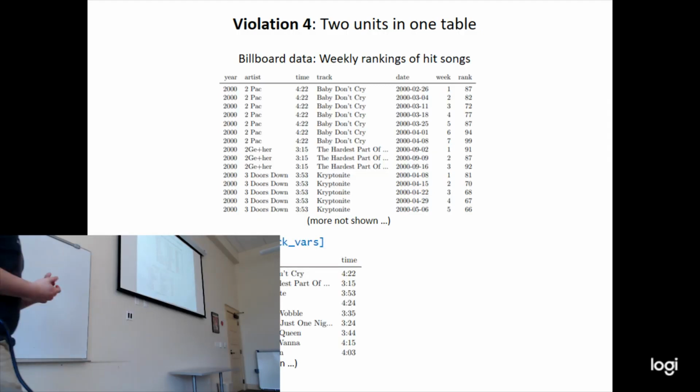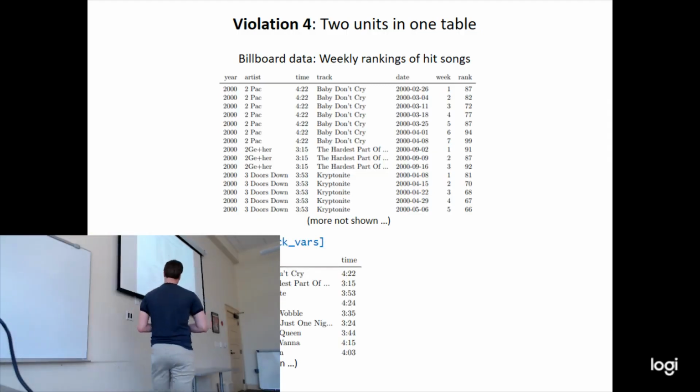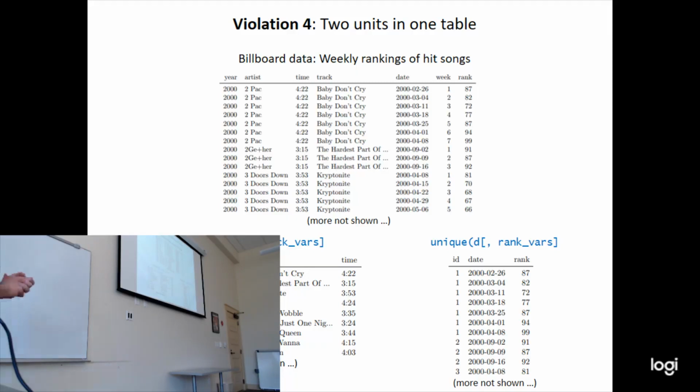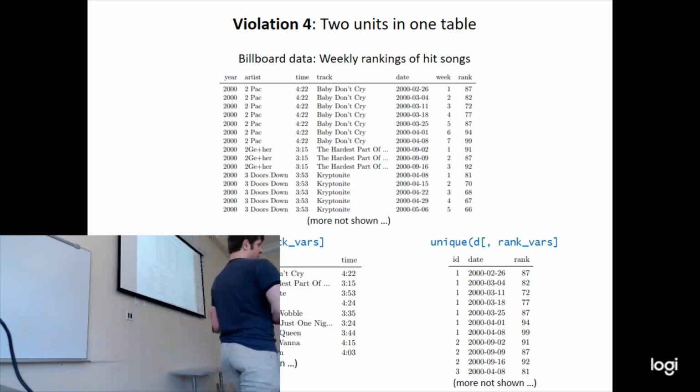So one way you could fix that is by using unique to create separate track and rank data sets. And of course, if you do this, you'd want to leave a key variable to allow the merge to stay in the opposite direction. So again, I mentioned how with this problem of having multiple observational units mixed together, it's not always a problem because sometimes you need that for that first data set for analysis.